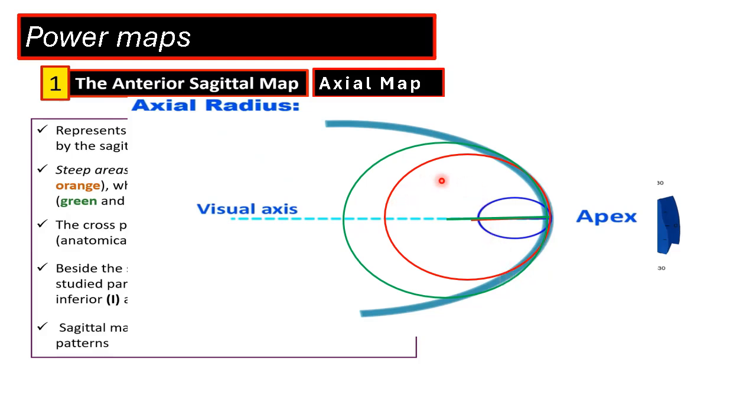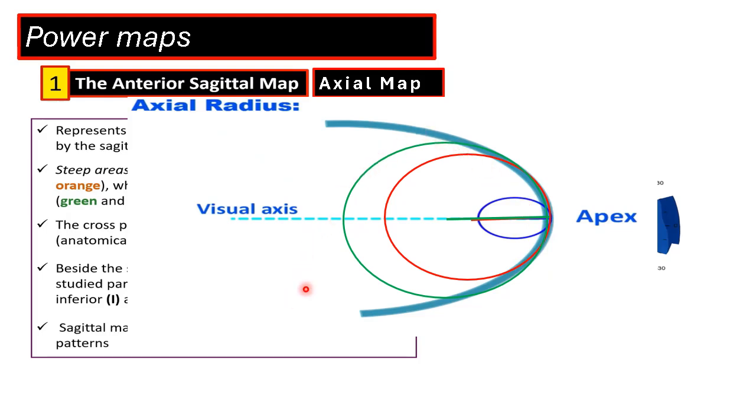Of course, this is true for the central part of the cornea, because the central part of the cornea is spherical. However, the peripheral part of the cornea is prolate in shape, or flatter. So this is not that accurate in the periphery. One of the disadvantages of the axial map is that it is accurate in the central part but not in the peripheral part.